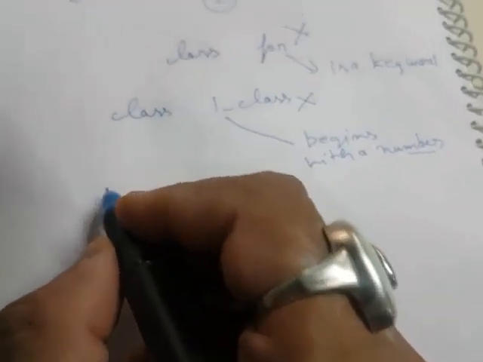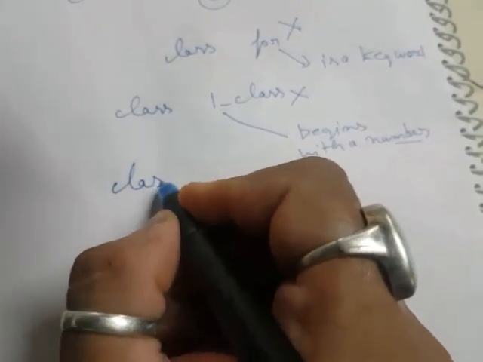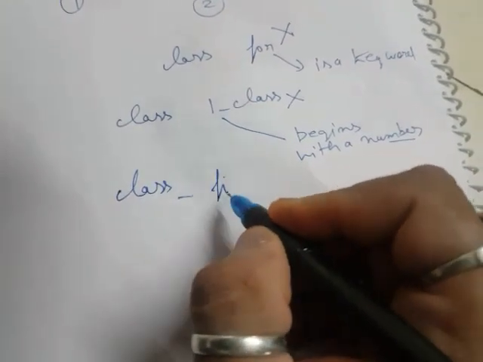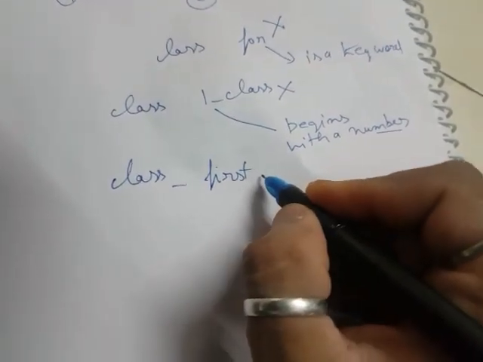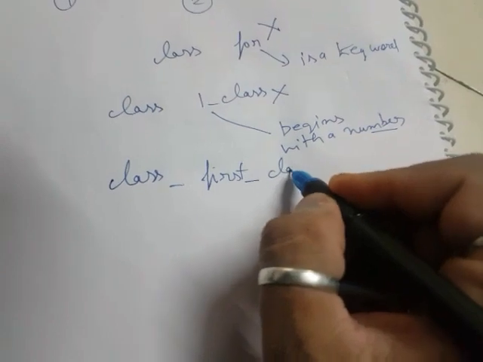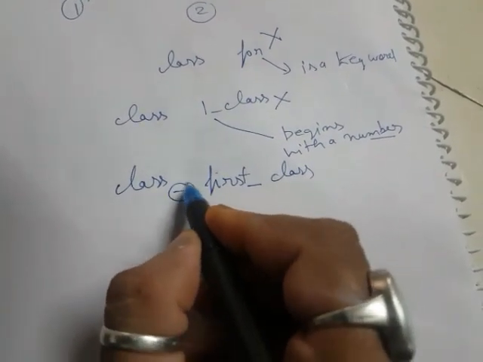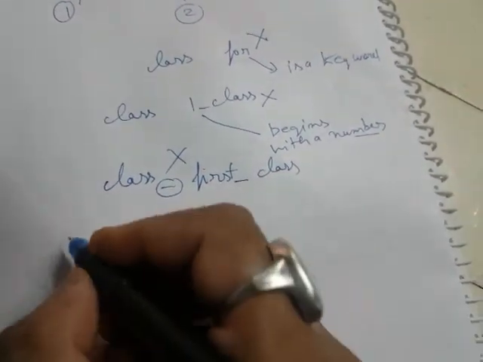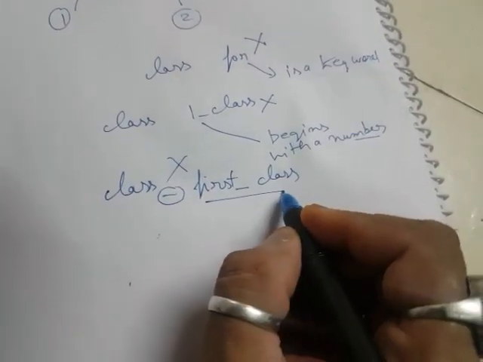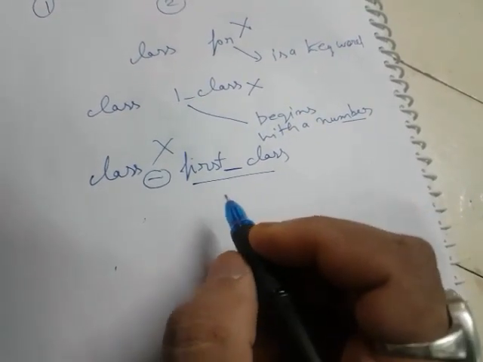After that, suppose I have written first_class. Here you can see an underscore in between. This is perfectly fine, because in between the name there is an underscore, there is not a problem.